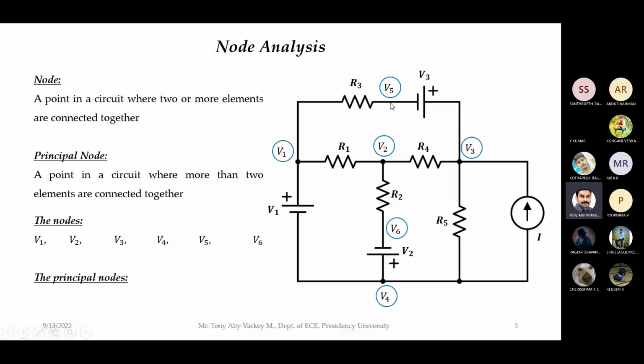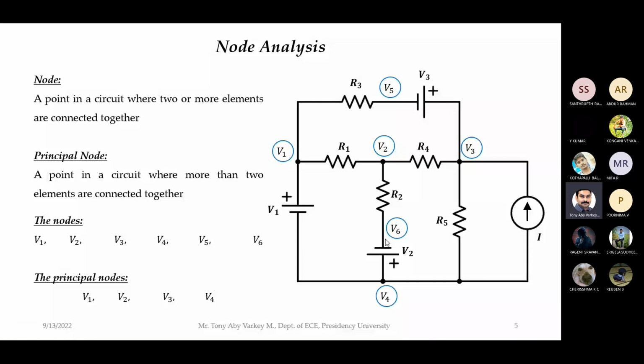So is it a principal node? No, sir. So V5 is not a principal node. Is V6 a principal node? No, because only 2 elements are connected. So the principal nodes are only V1, V2, V3 and V4. Is it clear?